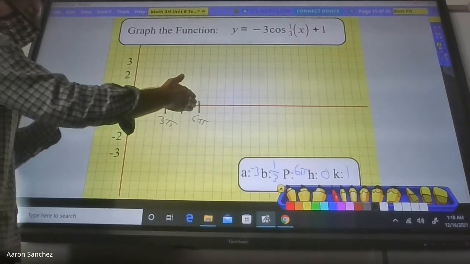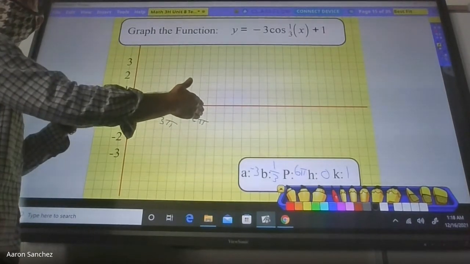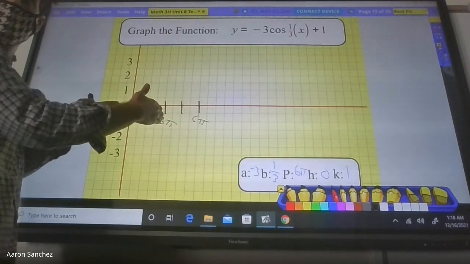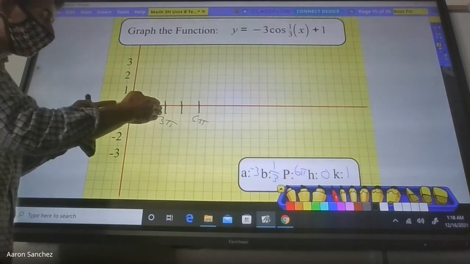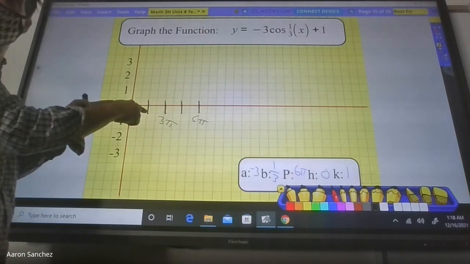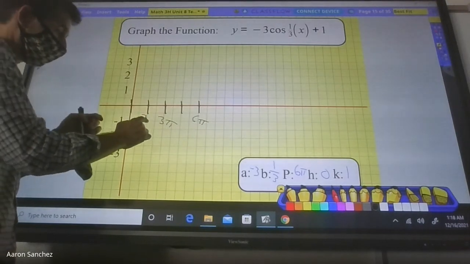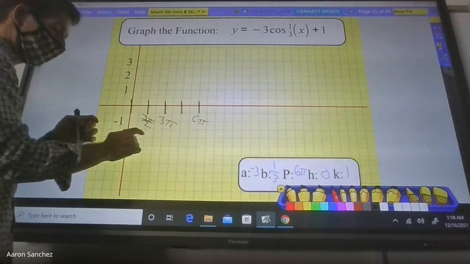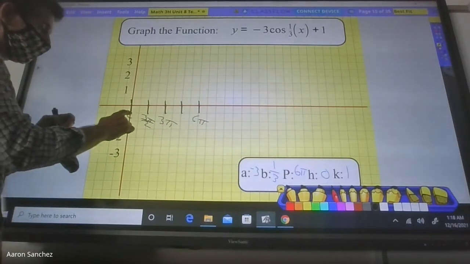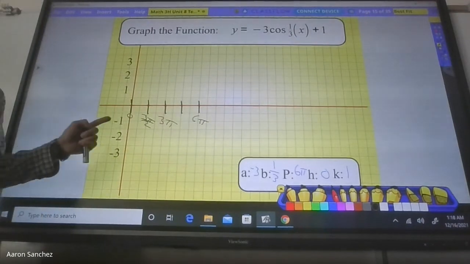What we're doing here is we have the whole thing up to 6 pi, then we figure out what the middle is going to be: 6 divided by 2, 3. And then here, what's the middle of this? Half of 3 pi, yeah, 3 pi over 2. And this is 0. Okay, now this is where it gets a little tricky.